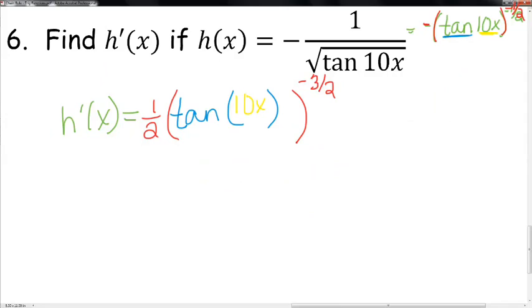And then I'm going to have the derivative of my chocolate, which is the derivative of tangent, secant squared of my peanut, and then finally the derivative of my peanut.